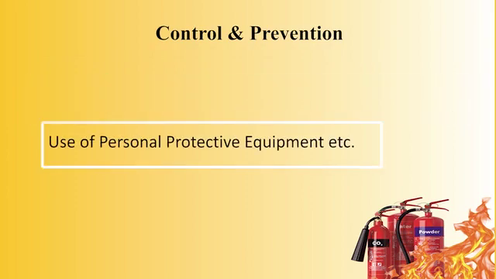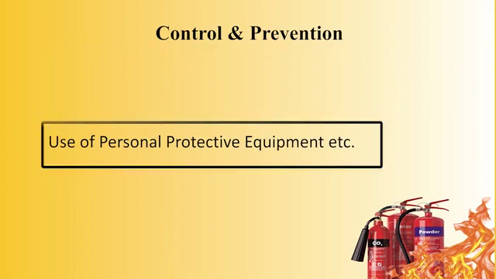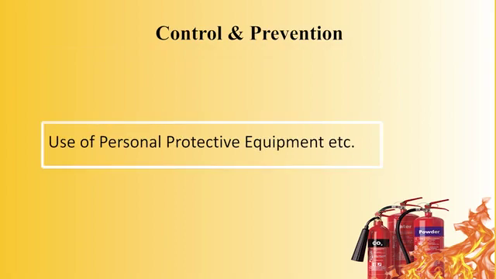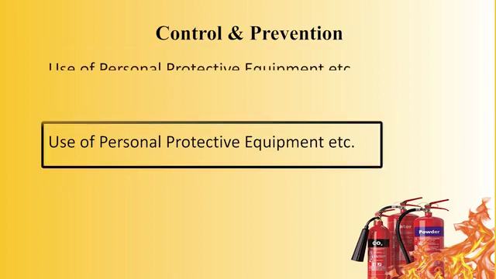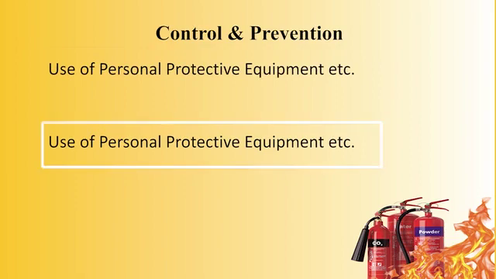Use of personal protective equipment is also mandatory, but I am sorry to say, due to the financial constraints of our society, one set of personal protective equipment, PPE, costs about 1 to 1.5 lakhs. One equipment.